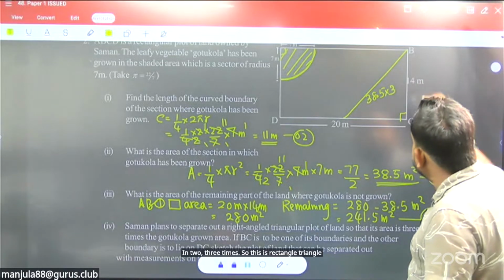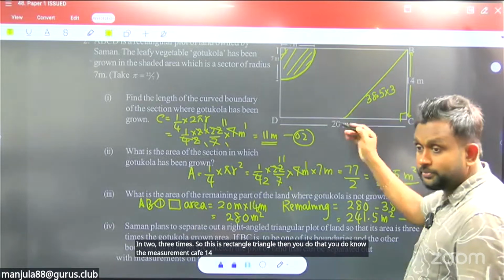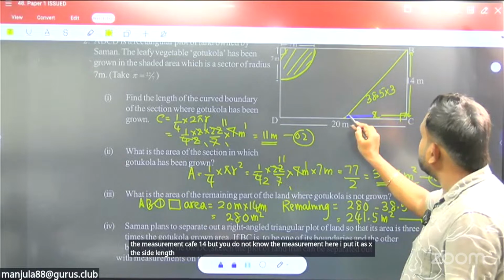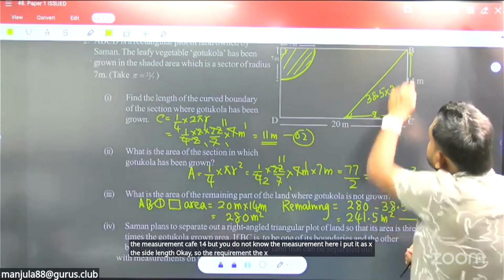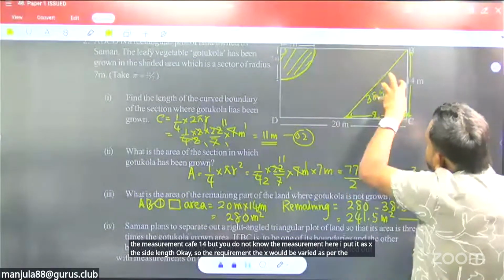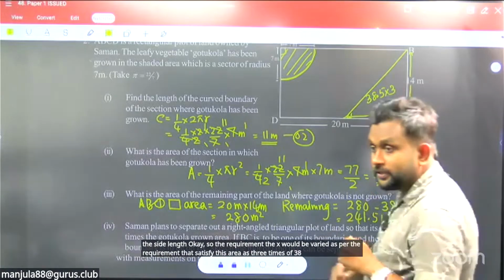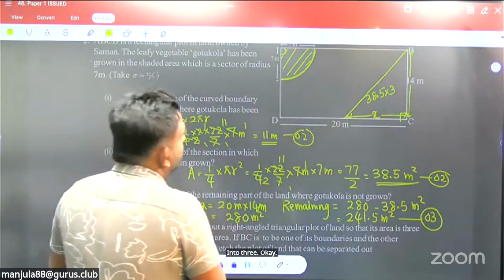You do know the measurement here, 14, but you do not know the measurement here. I put it as x, the side length. So x would be varied as per the requirement that satisfies this area as three times 38.5. Now what is the requirement?